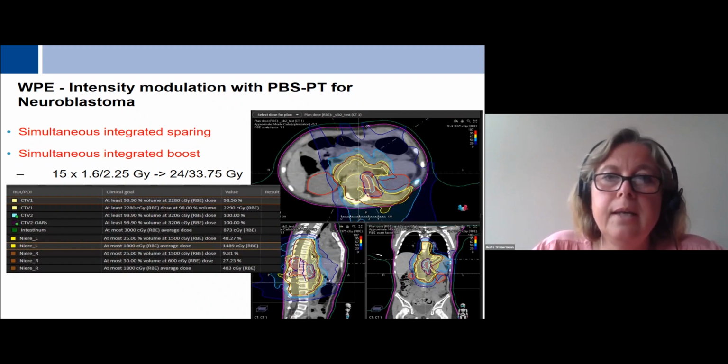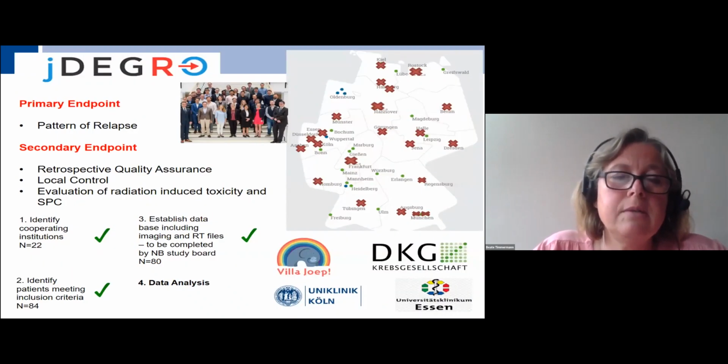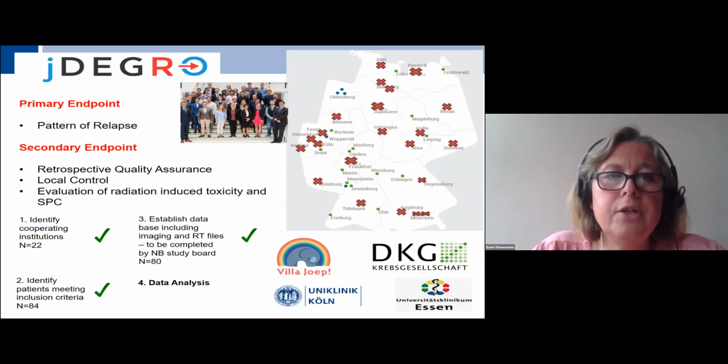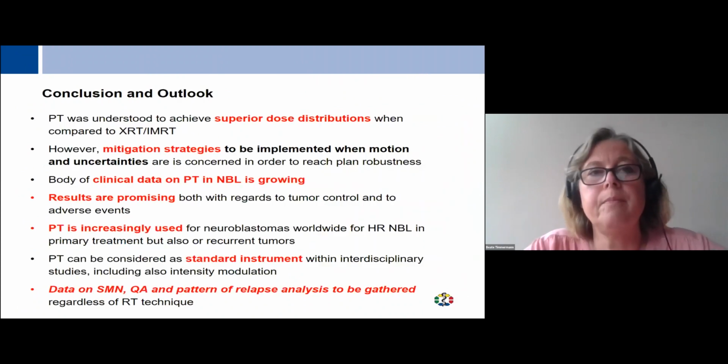However, it could be done as we would do it maybe with IMRT. We also have to look, of course, at pattern of relapse and quality assurance and local control rates. So in Germany, we have a multi-center retrospective study ongoing to better understand how we use our instruments.